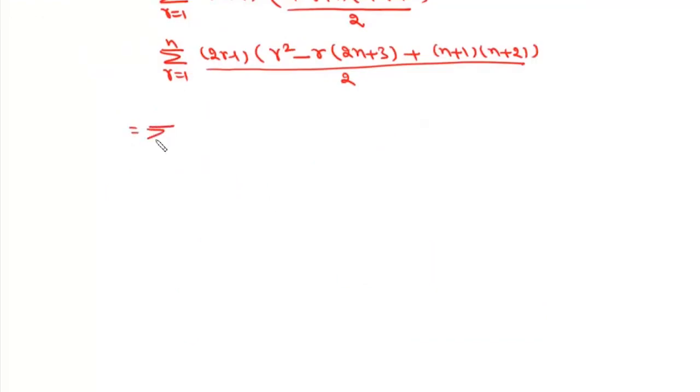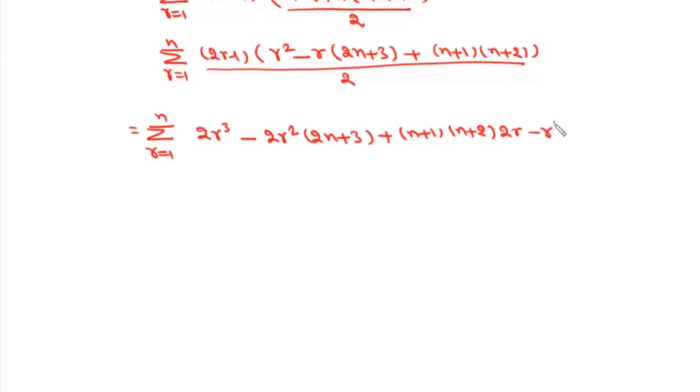Now we can further expand it as summation r varies from 1 to n, and there will be 2r cube minus 2r square into 2n plus 3, plus n plus 1 into n plus 2 into 2r, and then it will be minus r square, minus r into 2n plus 3, and minus n plus 1 into n plus 2, whole divided by 2.